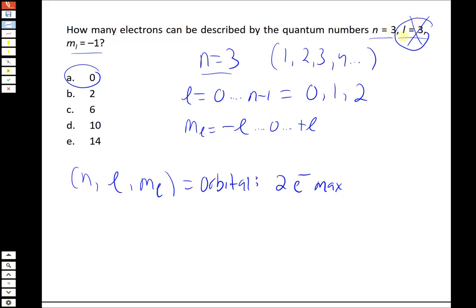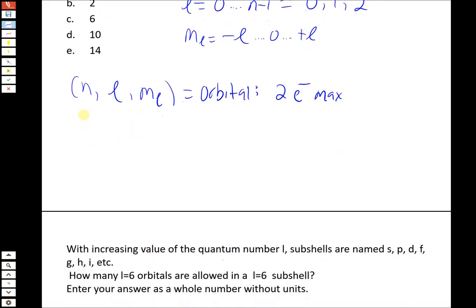Okay, so n equals 3, L cannot also be 3, so there are 0 electrons that would be described by those quantum numbers. So you have to make sure you check that first instead of just blindly using the equations that we have for number of electrons. So that's going to be the concept there.